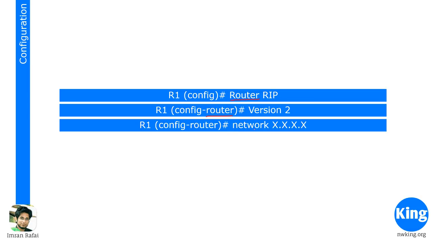This network command is a very tricky command because it does two functions. The first function is it tells what network to advertise. And the second thing, it is telling which interface to advertise those out of. So hang on, you will see what I mean when you look at the configuration.